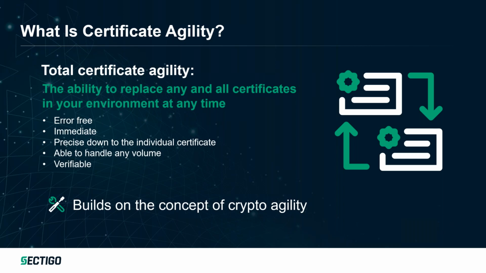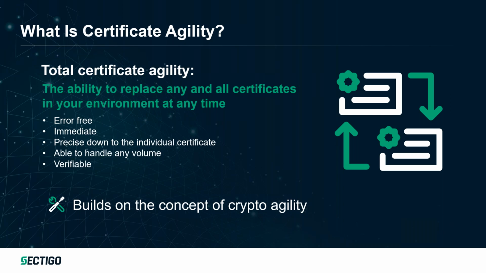So certificate agility is simply the ability to change your certificates at any time. And total certificate agility would be the ability to replace any and all certificates in your environment at any time. To achieve total certificate agility, you need to be able to do these things.